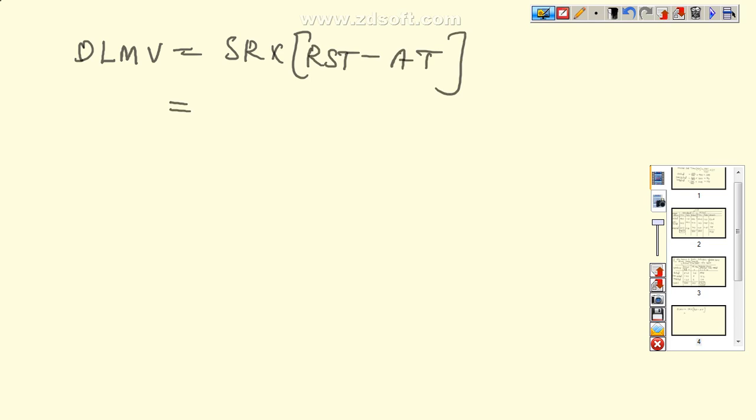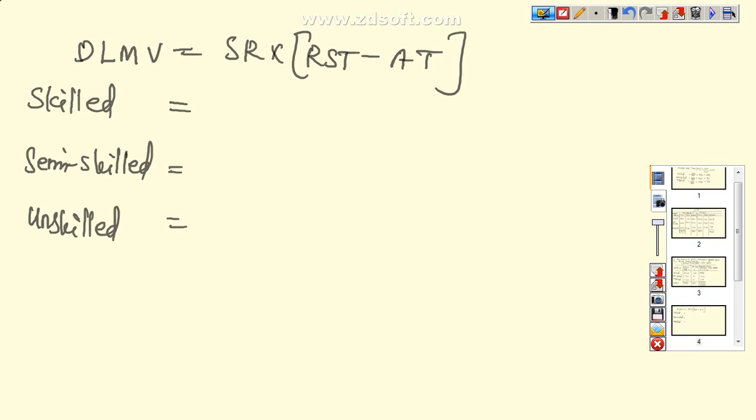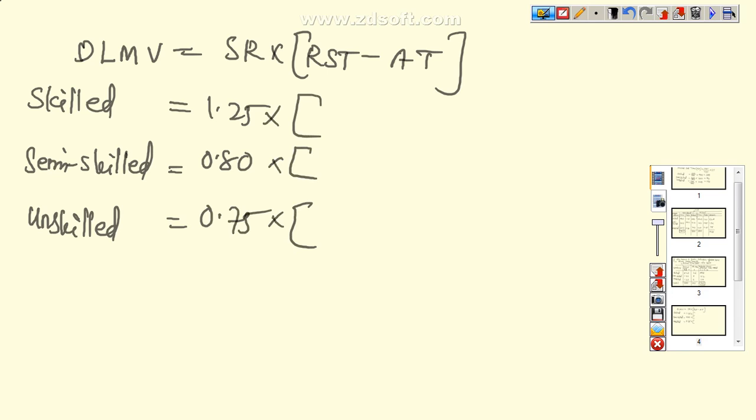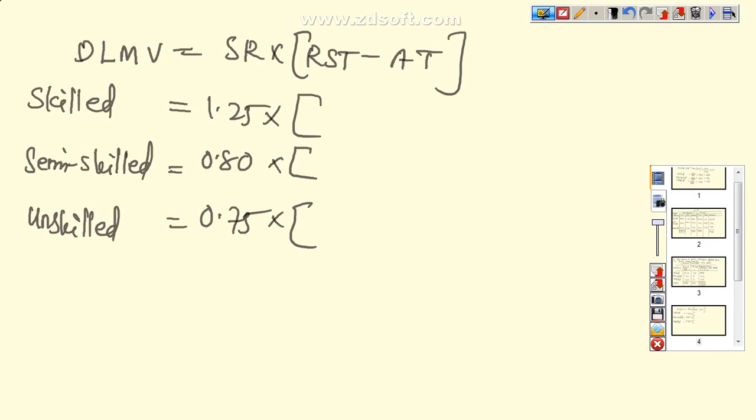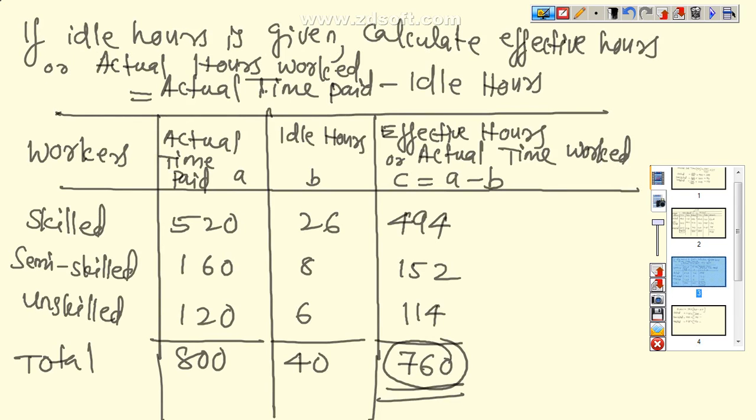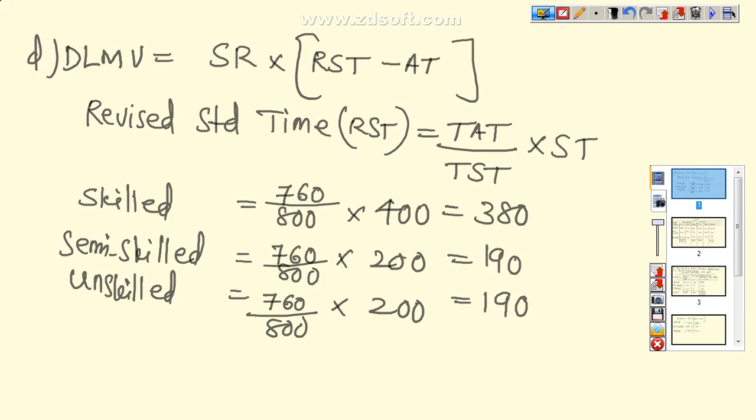The standard rates for skilled, semi-skilled and unskilled are 1.25, 0.80, 0.70, multiplied by RST, 380, 190, 190, minus actual time after deducting idle hours, 494, 152 and 114.